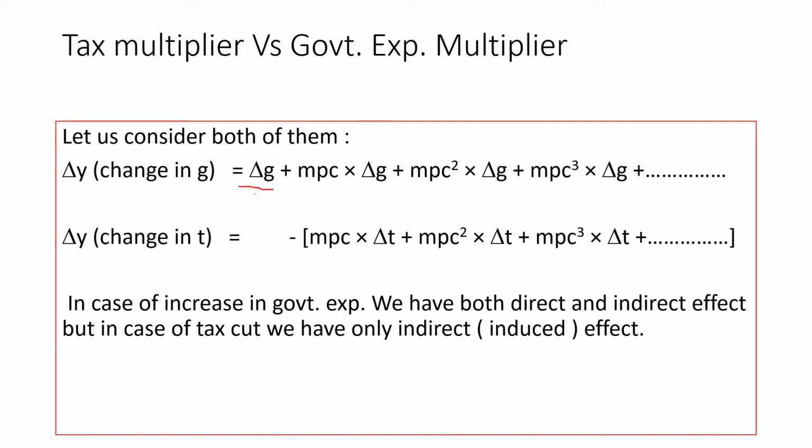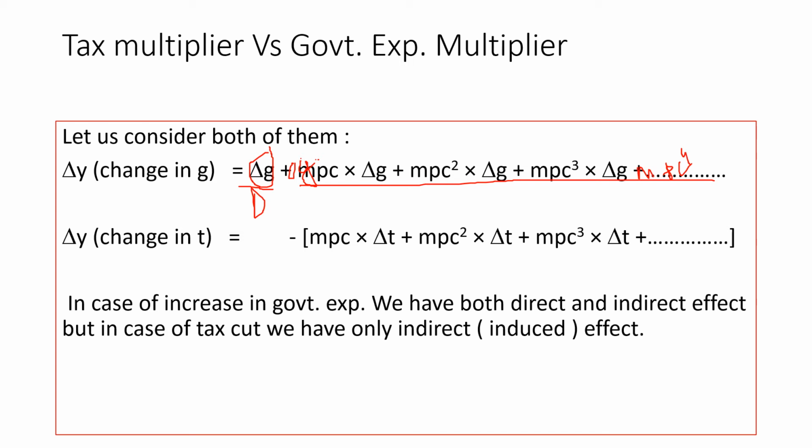Whatever change in government expenditure there is, income will initially increase by that amount, and then a whole lot of induced effect follows: second round, third round, fourth round. So this is delta G plus delta G into MPC, plus delta G into MPC squared, delta G into MPC cubed, MPC to the power 4 and so on.